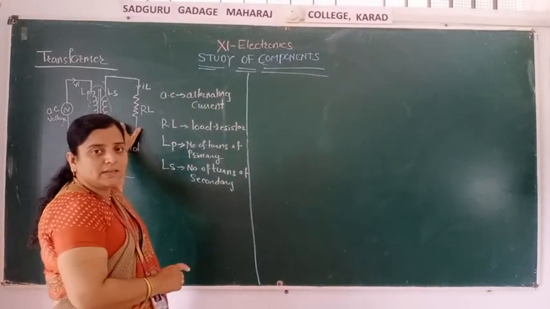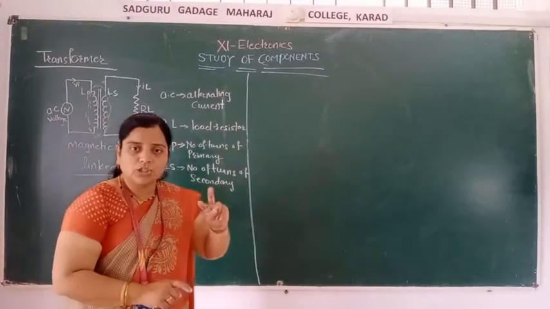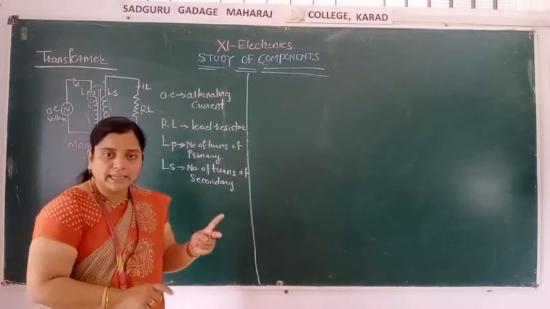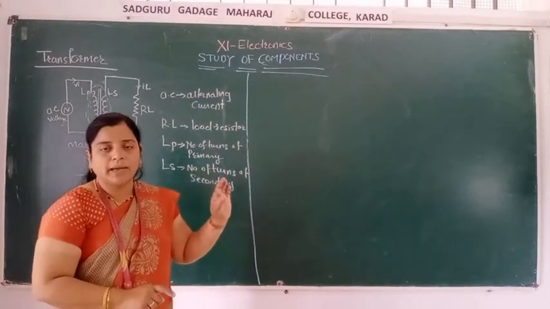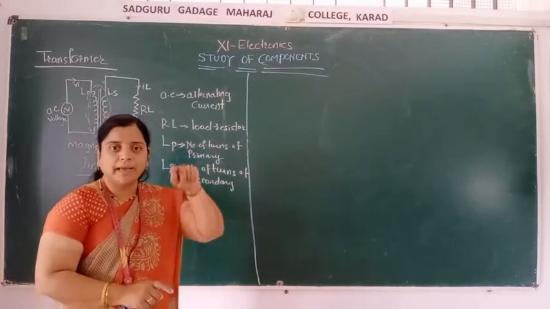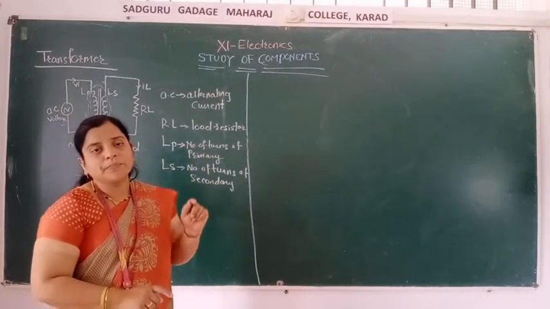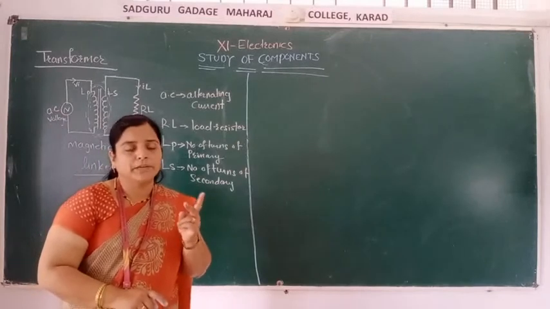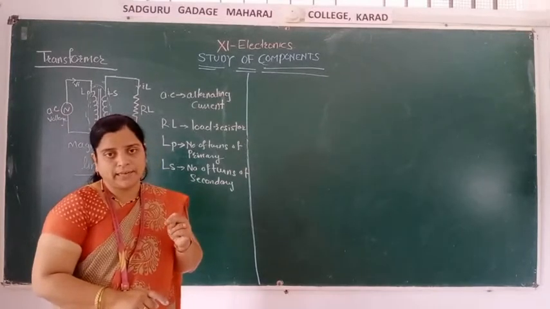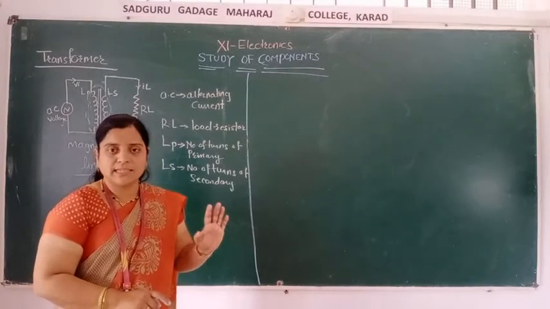The secondary winding and primary winding are not connected to each other directly, but they are linked by the magnetic field. The magnetic field produced between these two windings creates the link between the primary winding and secondary winding. Is that clear?